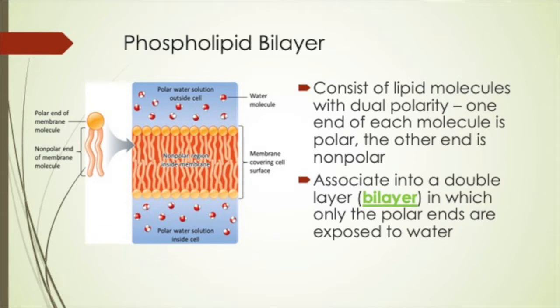Other things, phospholipid bilayer. This is a very important system because it encompasses all the cells inside any living system. We'll go into a lot more detail with this later, but I just want to introduce the subjects. So phospholipid bilayers consist of lipid molecules with dual polarity, right? On one side it has a non-polar tail, and the other side has a polar head.